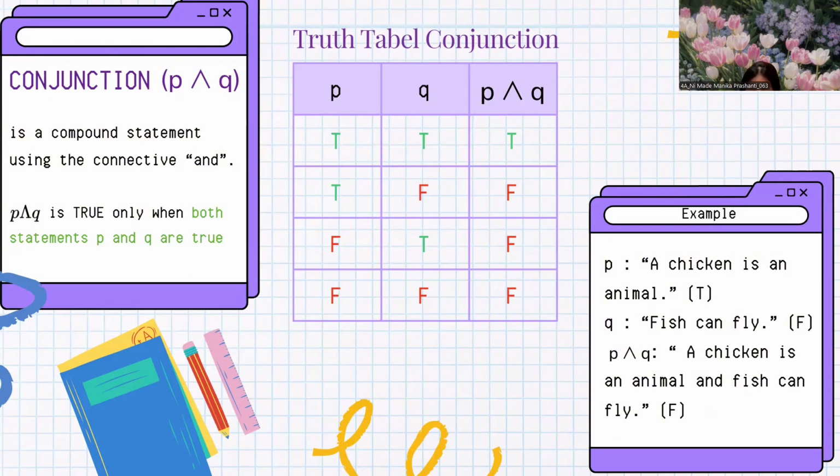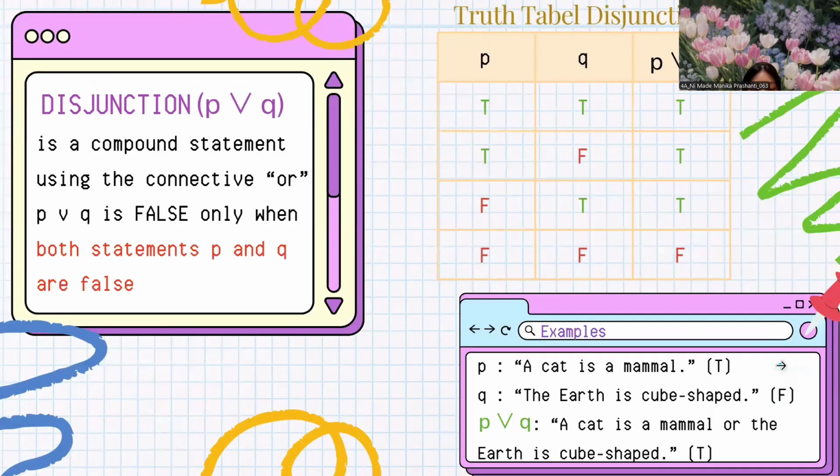If a conjunction is an and statement, a disjunction is an or statement. It is symbolized as P or Q. The symbol looks like a V. The logic here is much more flexible than the conjunction we just discussed.